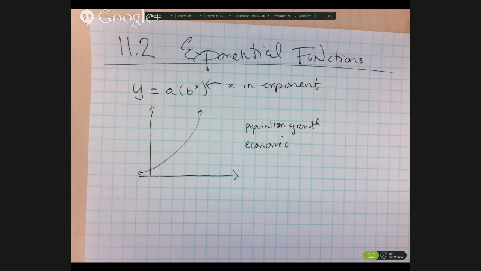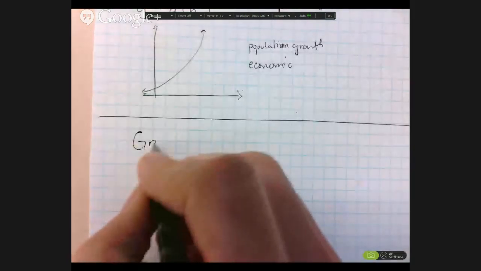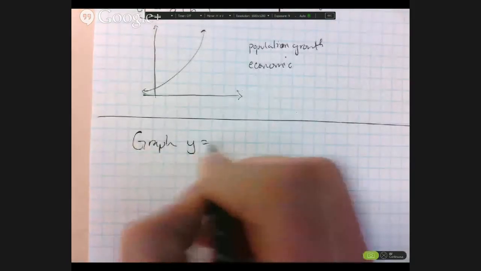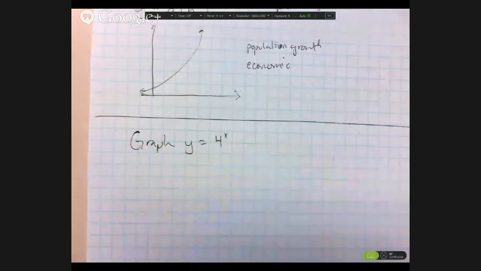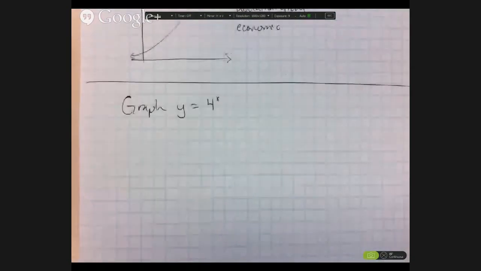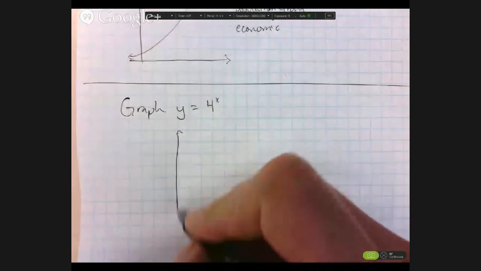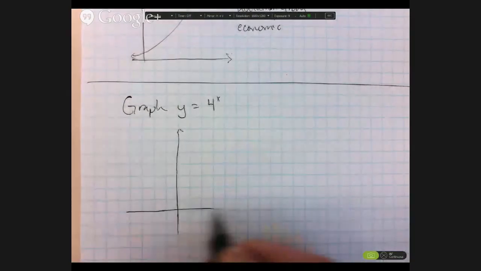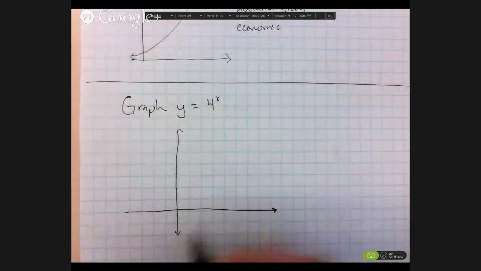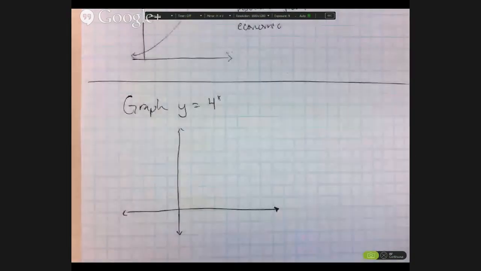All right, let's go ahead and graph one. You can do these very easily on a calculator. I trust you can use that machine.